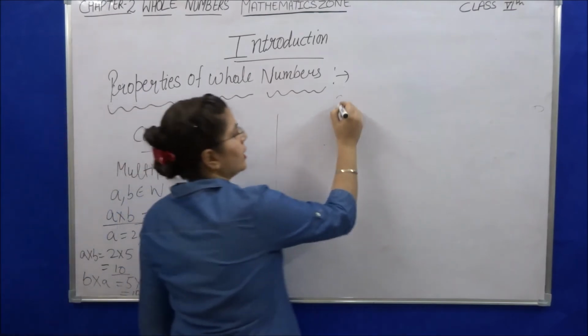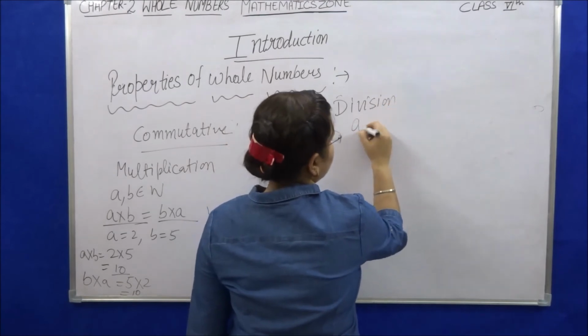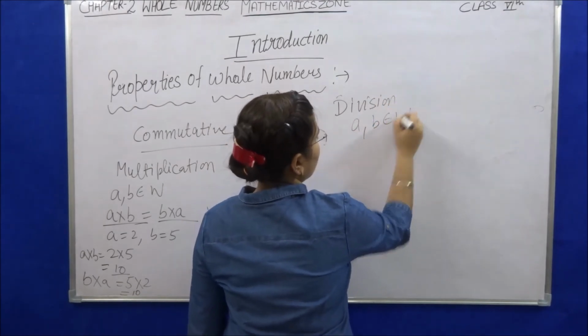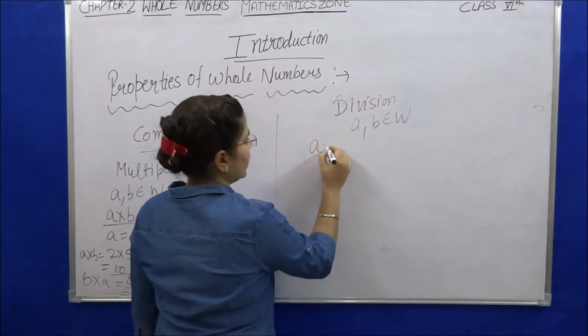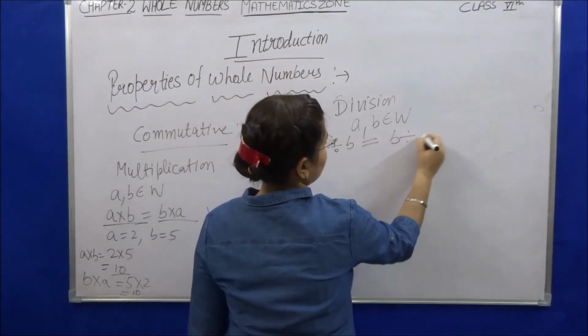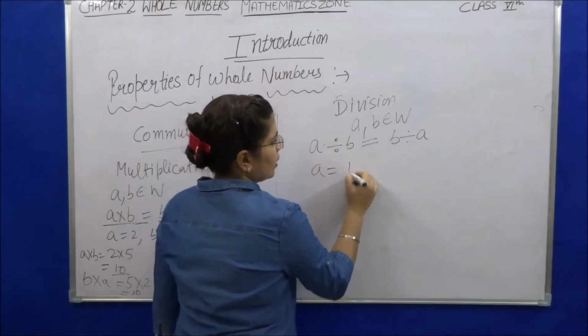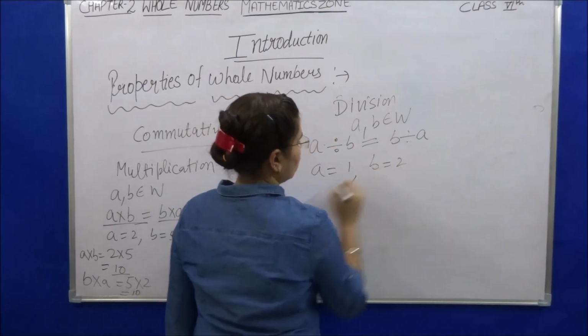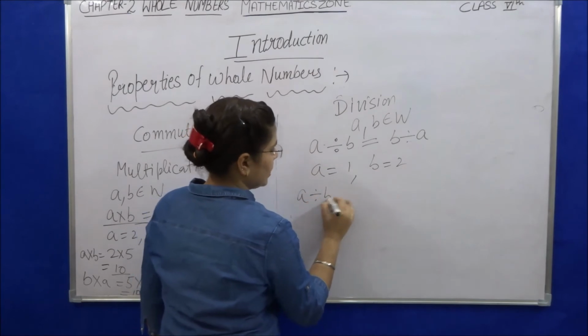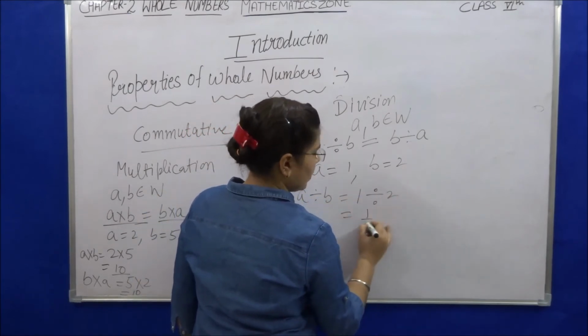Now let us solve for division. If A and B belong to whole numbers, then A divided by B should be equal to B divided by A. If A is 1 and B is 2, then A divided by B is 1 divided by 2, that is 1 by 2.